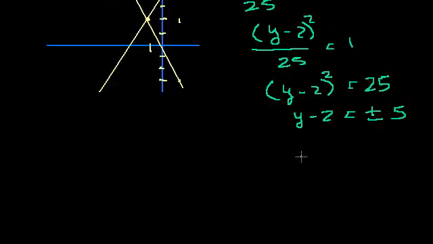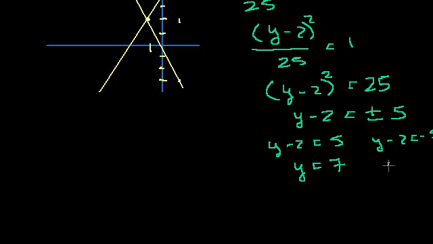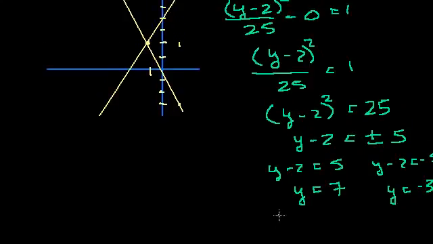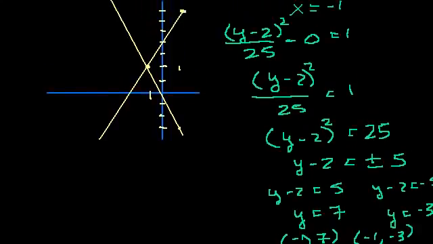So y minus 2 is equal to positive 5, or y minus 2 is equal to minus 5. Add 2 to both sides of this, you get y is equal to 7. Add 2 to both sides of this, you get y is equal to minus 3. So we know that the points minus 1, 7 and minus 1, minus 3 are both on this graph.